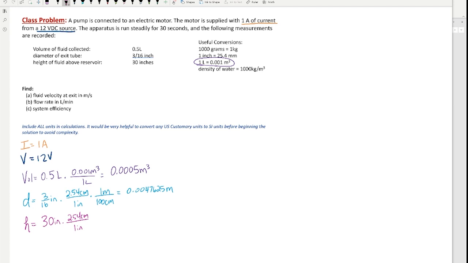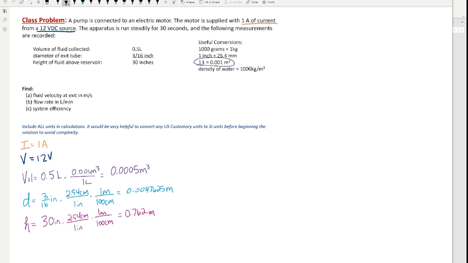You might want to memorize it as 1 inch is 25.4 millimeters, or as 0.0254 meters in 1 inch. Either way, as long as you correctly convert it into meters to get the value you need for your calculations. The pump head is 0.762 meters. And now you have all the known information in the form of SI units, which you can then use to do your calculations.